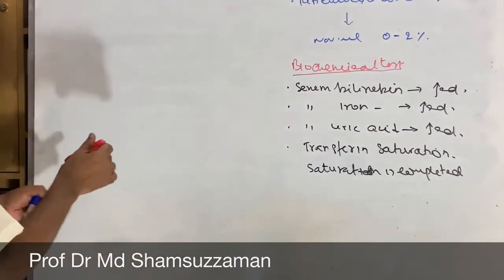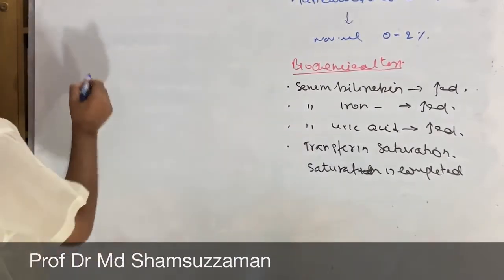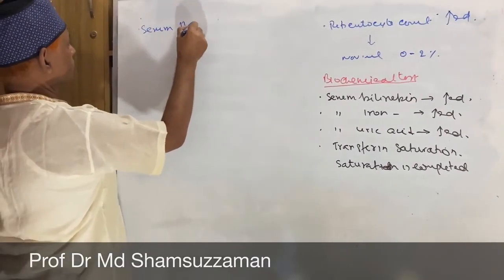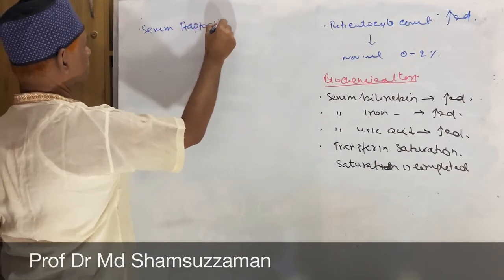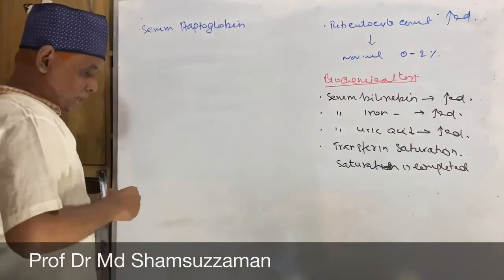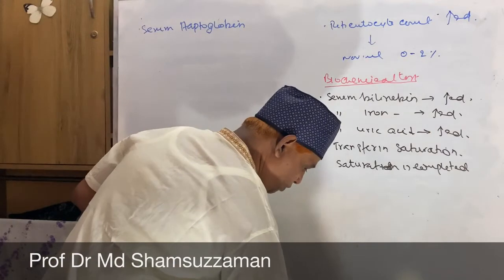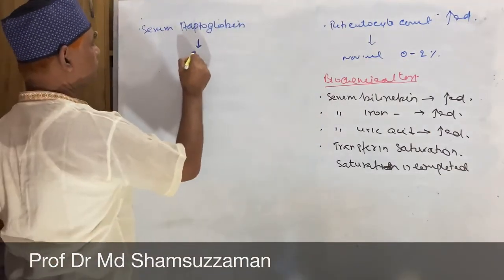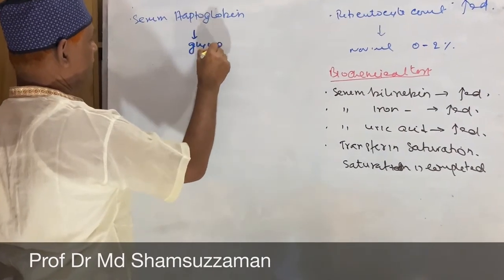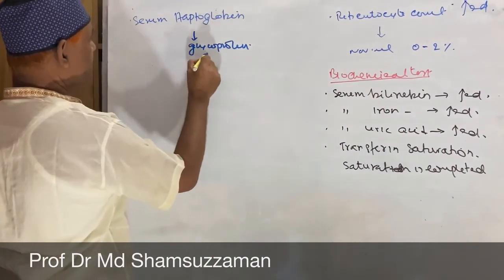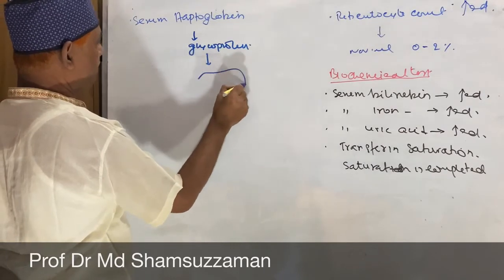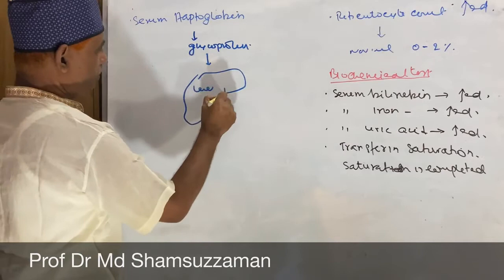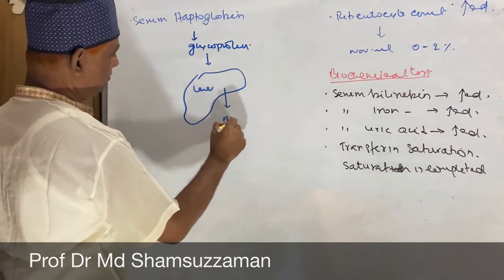Then serum haptoglobin. Dear audience, you know haptoglobin is a glycoprotein, and it is synthesized from the liver and comes into the blood.